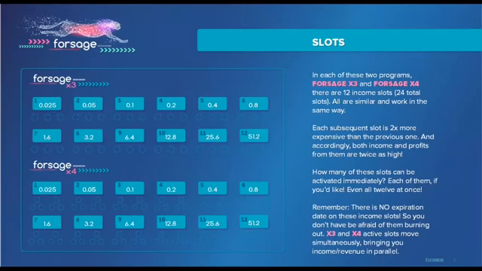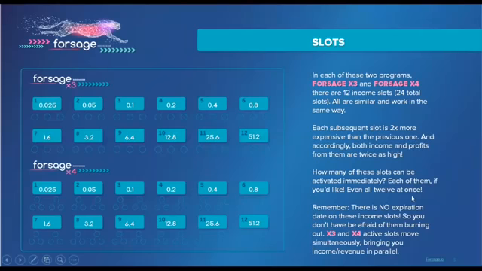All right, now it isn't required. The only thing that's required of you is to pay the initial 0.05, which goes into the first income slot of X3, and the other 0.025 goes into the first income slot of Forsage X4.